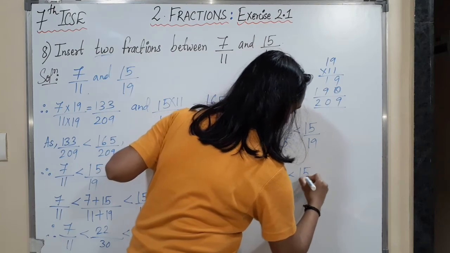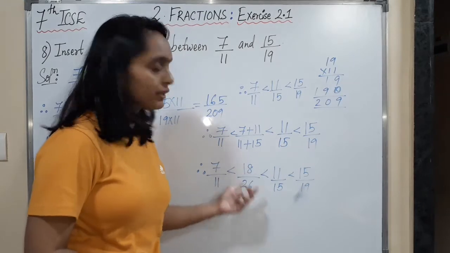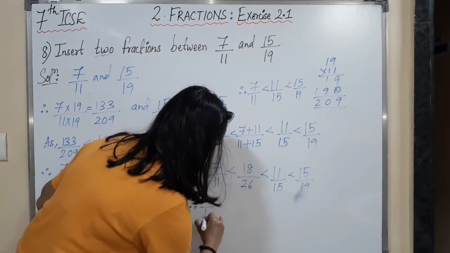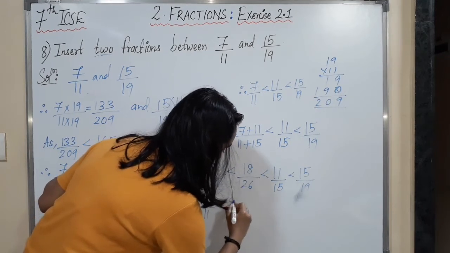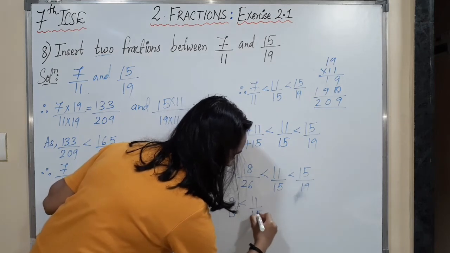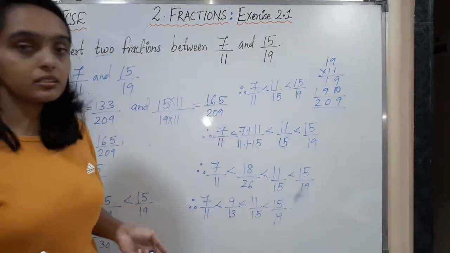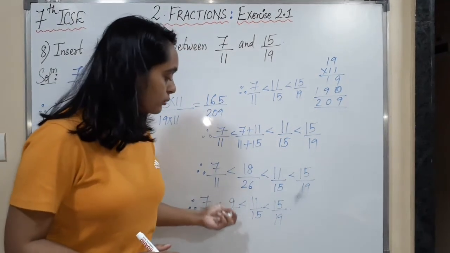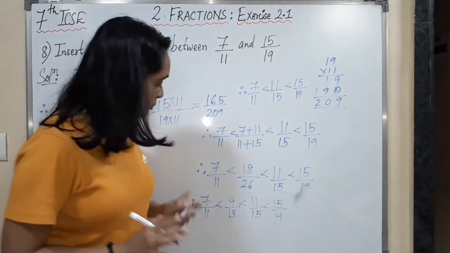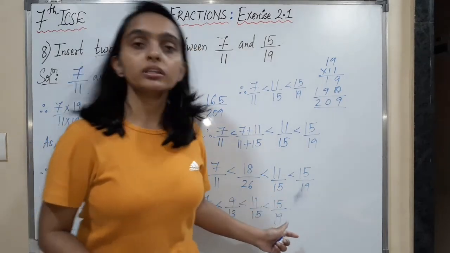You can leave it here itself or you can reduce this further. So you will get 7 upon 11 is less than 9 upon 13 is less than 11 upon 15 is less than 15 upon 19. Thus, you can conclude that 9 upon 13 and 11 upon 15 are the two fractions between the given fractions, that is 7 upon 11 and 15 upon 19.